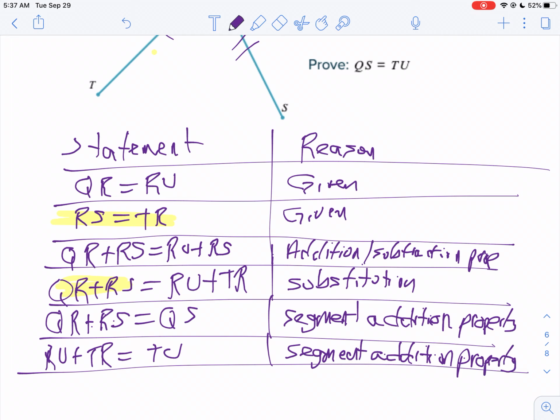Now, let me erase one of my previous highlights. Whoops, I didn't want to do that. Let's get that back. Now, QR plus RS is QS.